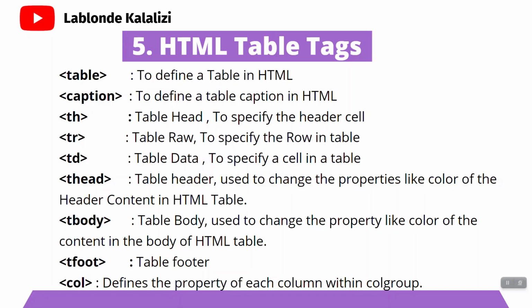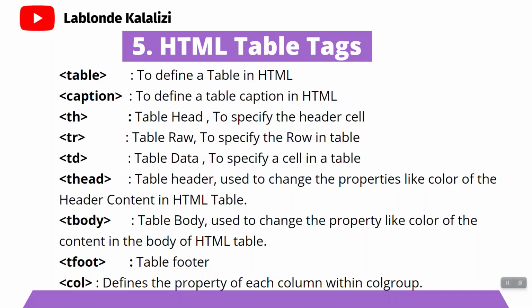Then we have our thead. Thead, table header, is used to change properties like color of the header content in an HTML table. Once you see thead, that means we also have a tbody. Thead displays the table header and tbody displays the table body. This is used to change properties like color of the content in the body of the HTML table.